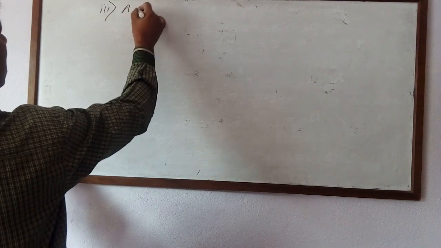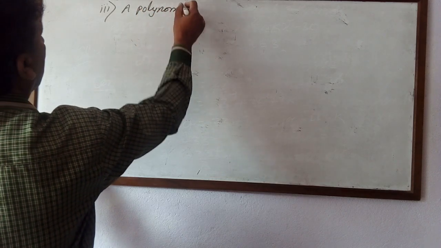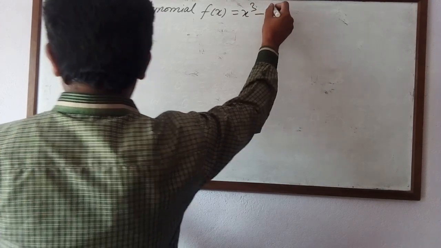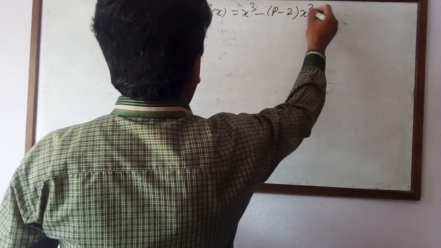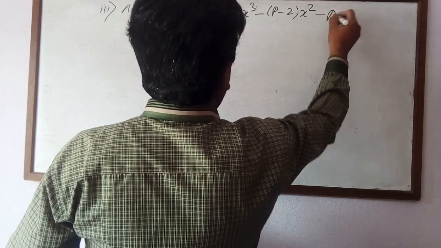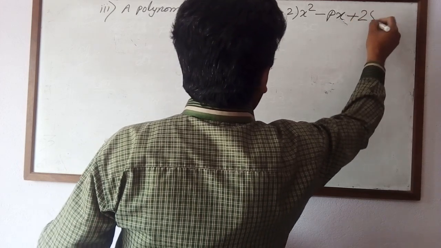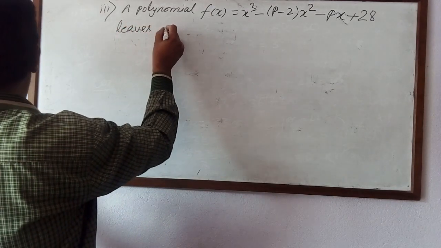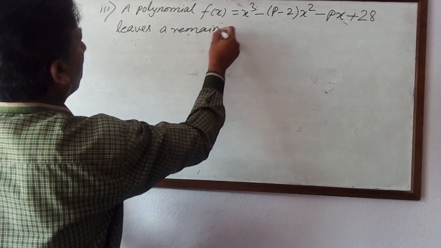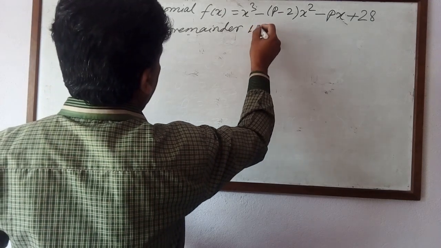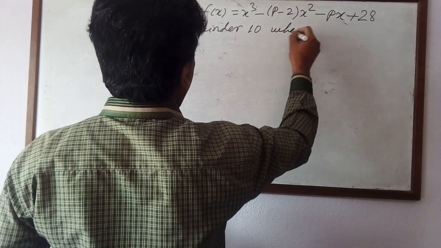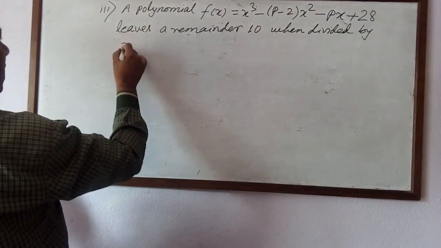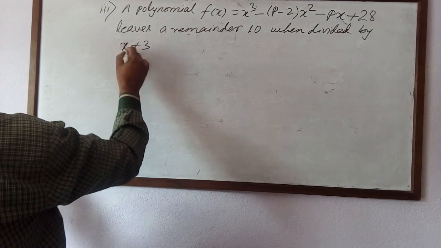A polynomial f(x) equals x cube minus (p minus 2) x square minus px plus 28 leaves a remainder 10 when divided by x plus 3.